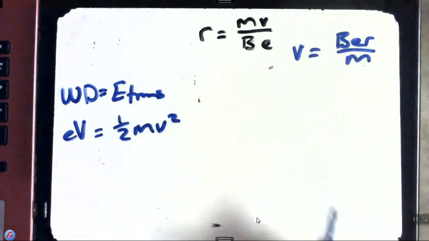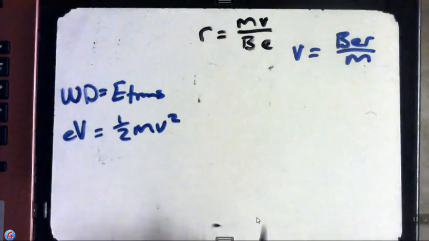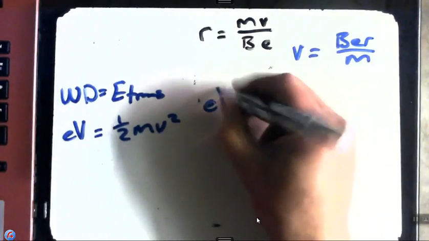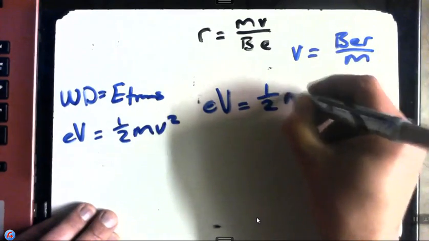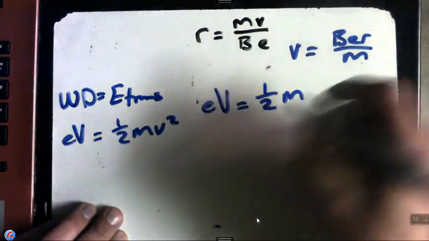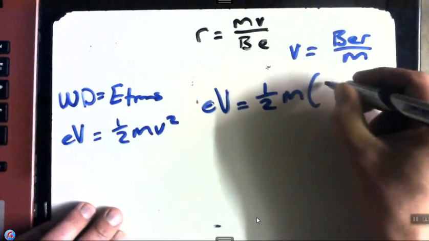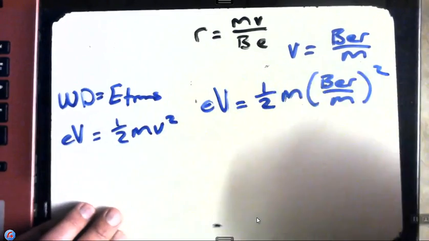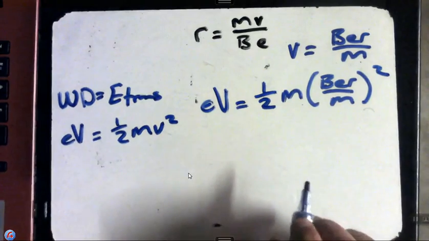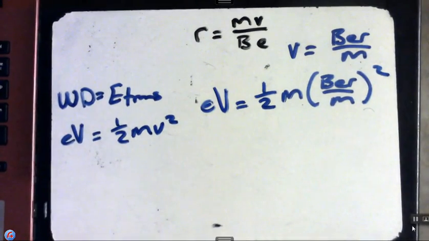If we substitute it in there, we get the following: the electron volt eV is equal to half the mass of the electron times BeR over m, all squared. Now that simplifies to the following.